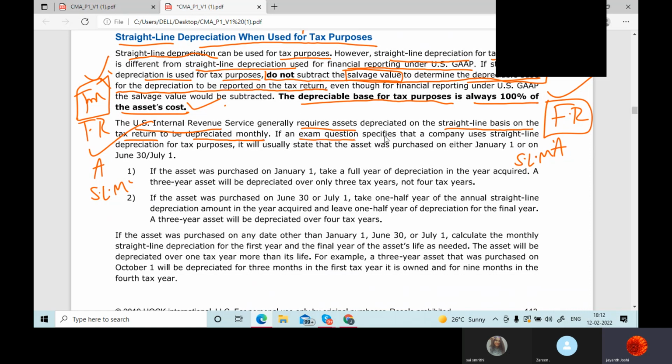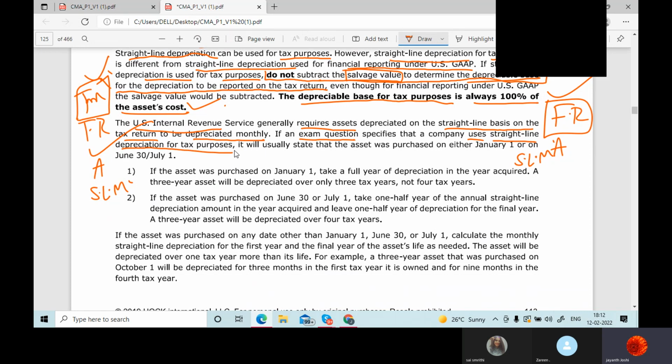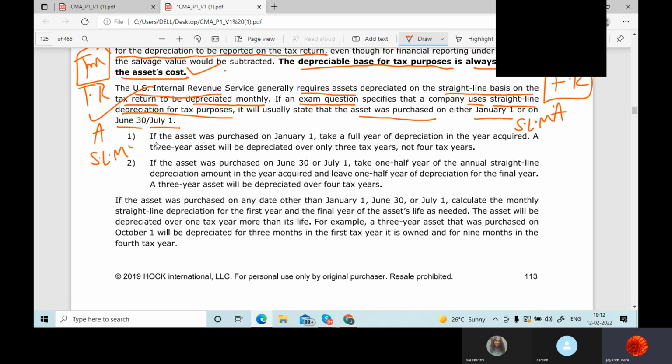If an exam question specifies that a company uses straight line depreciation for tax purposes, it will usually state that the asset was purchased on either January 1st or on June 30 or July 1st, that is, the middle of the year. Now, if the asset was purchased on January 1st, what you need to do is take a full year of depreciation in the year acquired.